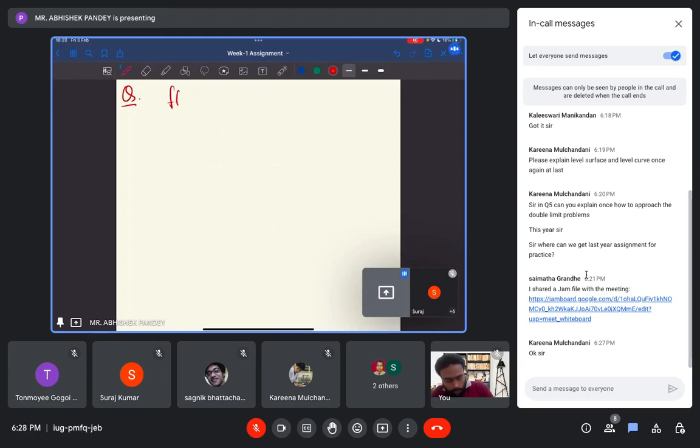This is f of x comma y equals xy upon x square plus y square, for x comma y not equal to 0 comma 0, and 0 when x comma y equals 0 comma 0.